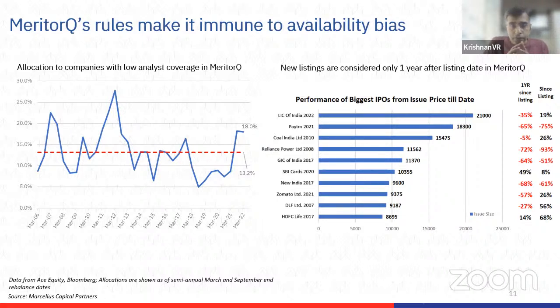And again, the strategy is not swayed by information availability or popular opinions. So that's the part on information availability and how it affects MeritorQ.